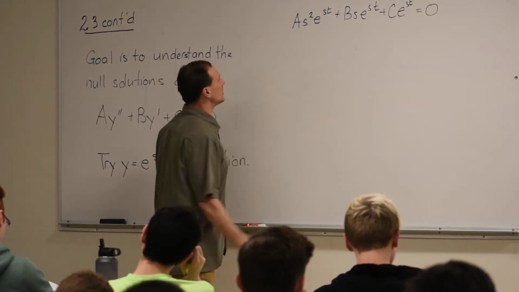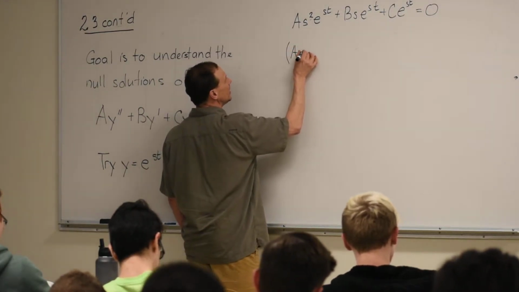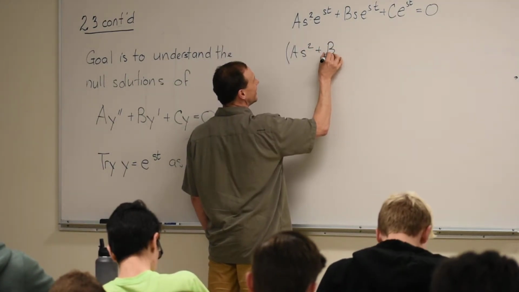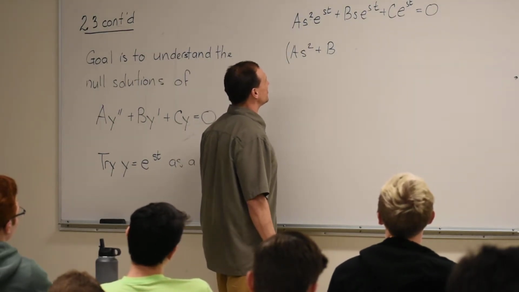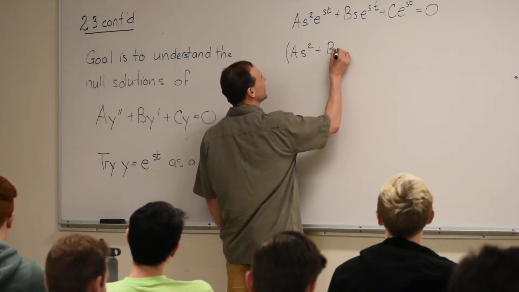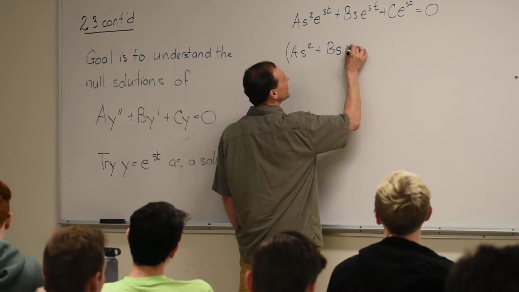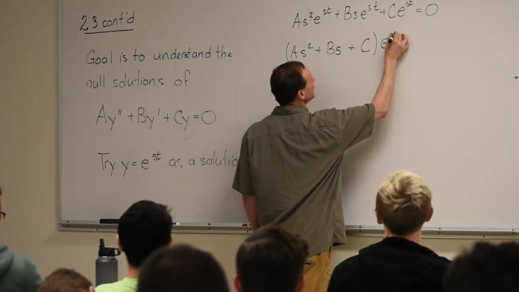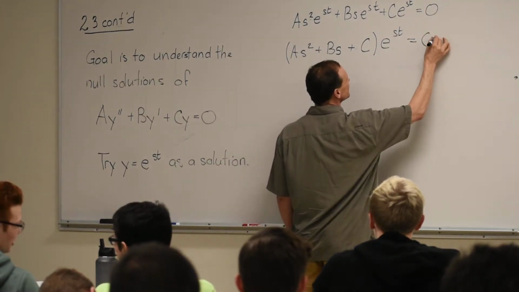We factored out e to the st. So we said this is the same as a s squared plus b times s plus c, times e raised to the st equals 0. Okay, s is a terrible choice for this, but just say it fast, you'll understand.